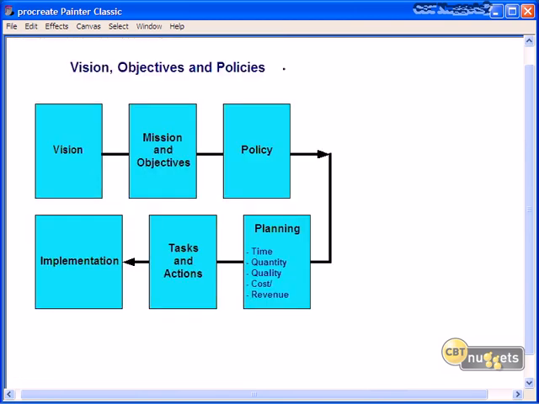Now, just a while back, I alluded to how service management has to tie into the overall corporate policy. And in this diagram here, we show the relationship between the vision of the organization, the company's objectives, and policies. We want to relate this to IT service management. Most organizations are going to have a vision, okay? What's the overall goal?